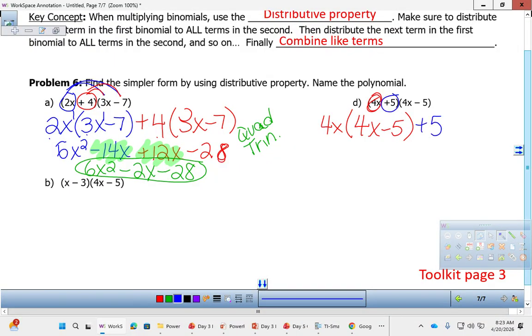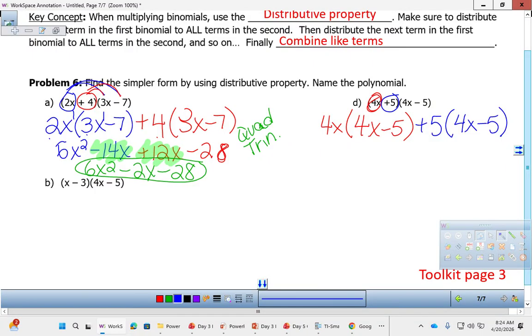I'm keeping that the same. And then I'm giving that the parentheses of the second binomial. I'm writing the second binomial in parentheses twice. The 4x minus 5 got written twice. What's in front of it is the original, the first set of parentheses. It's the same thing every time. The numbers just change. So I'm splitting up the first binomial and then keeping the second one the same.